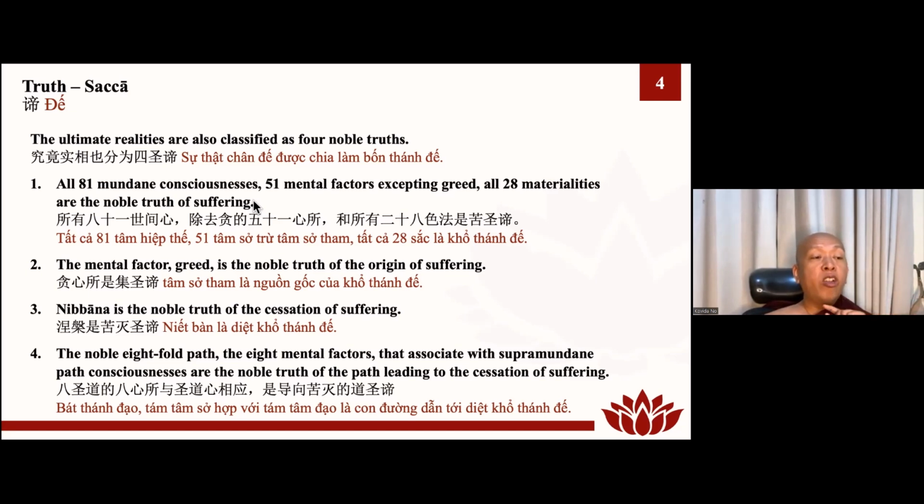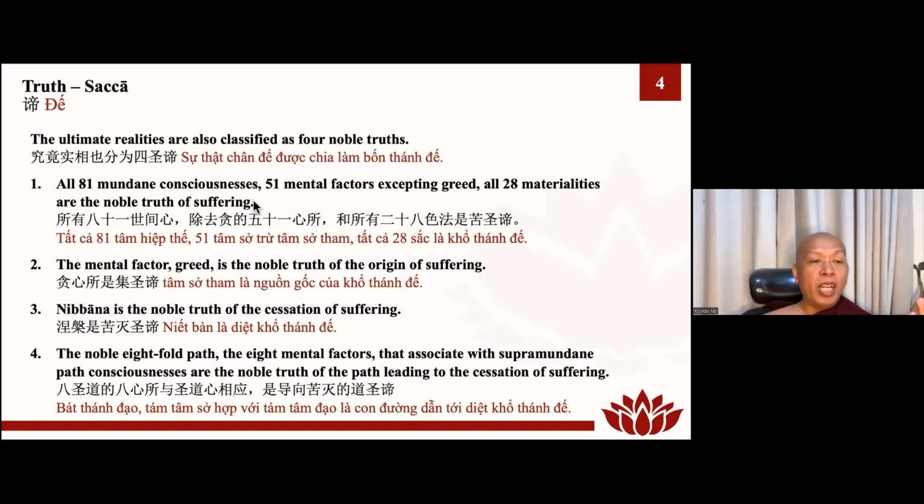The second noble truth, the origin of suffering, is like the cause of sickness. When we have some symptoms, for example coughing because of catching a cold, anyway, the main thing is the cause of suffering is equal to the cause of sickness. This is a simile.